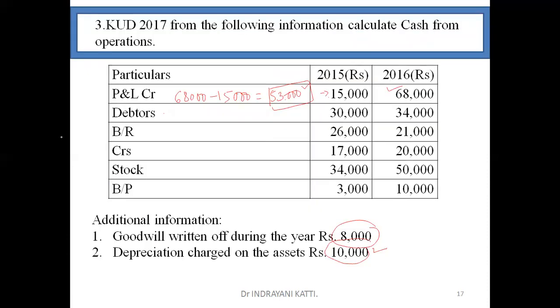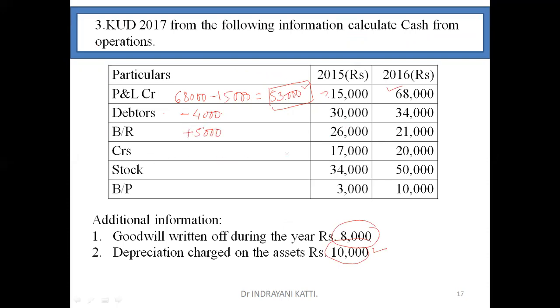Let's come to the first item here. It is increased. How much is it increased? 4,000 is increased. What is this? It is current assets. That's why if there is an increase in current assets, that is to be deducted. Come to the next one. Bills receivable 26,000, 21,000. 5,000 is decreased, which means it is to be added.